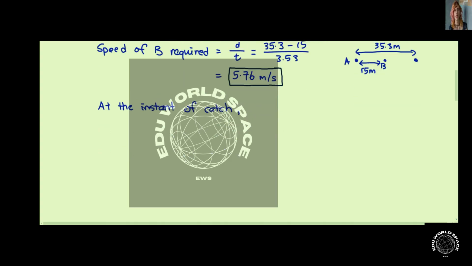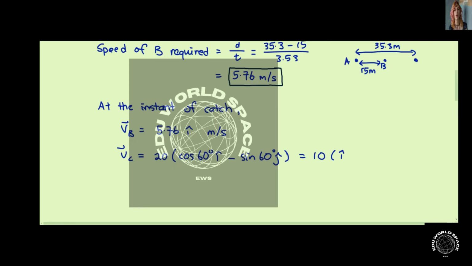So VB is going to be 5.76 i hat meters per second. VC will be 20 cosine 60 degrees i hat minus sine 60 degrees j hat. Okay, and this is 10 i hat minus 10 root 3 j hat meters per second.